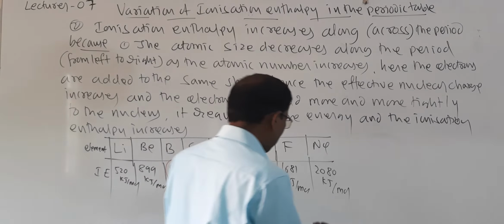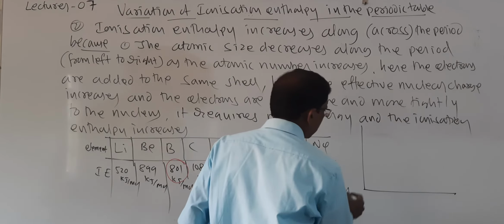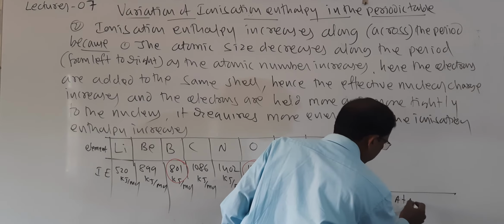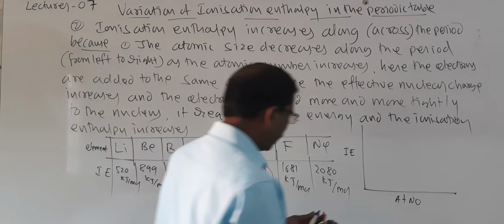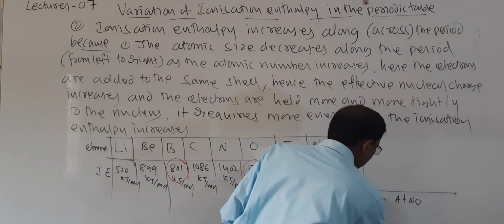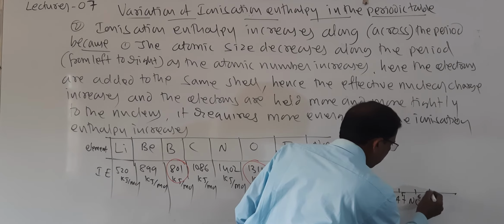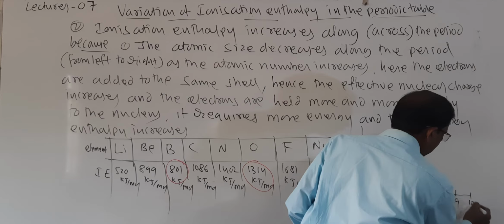So if you plot a graph of ionization enthalpy against atomic number, look here students, you will get the graph like this. So here I will write lithium, it is 3, 4, 5, 6, 7, 8, 9, 10.